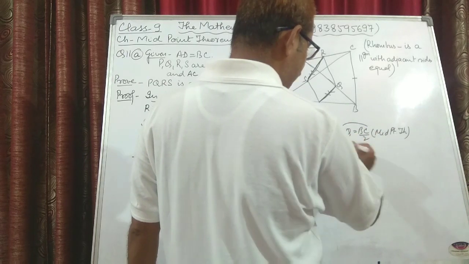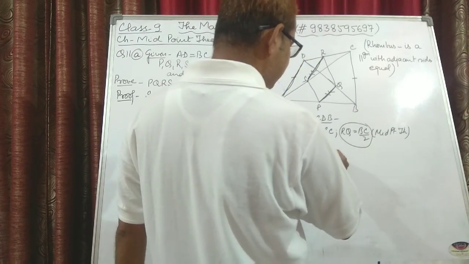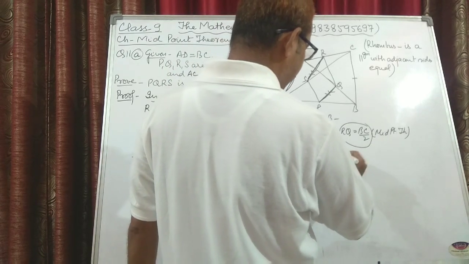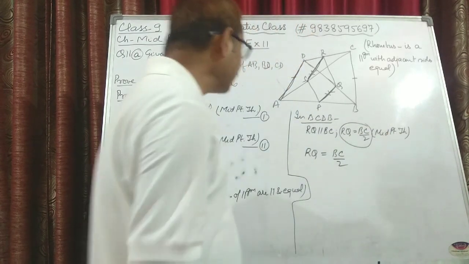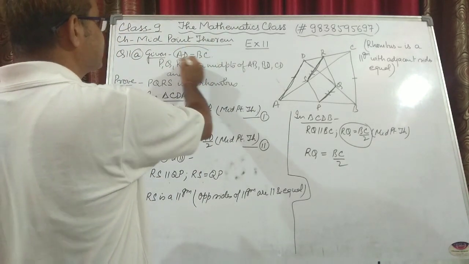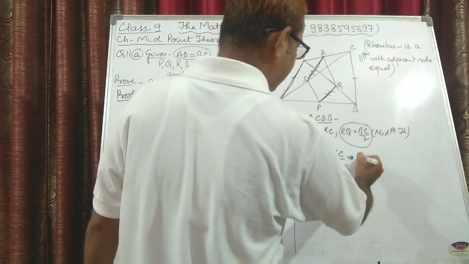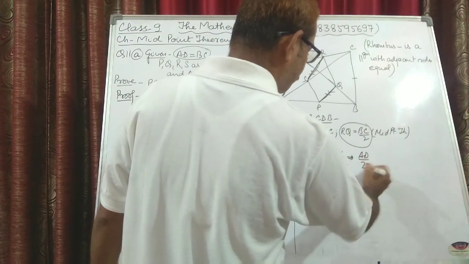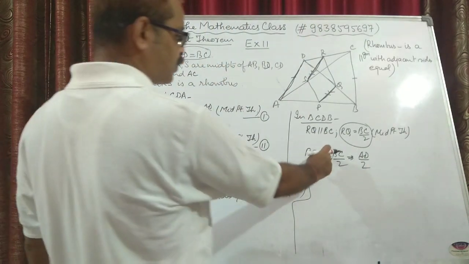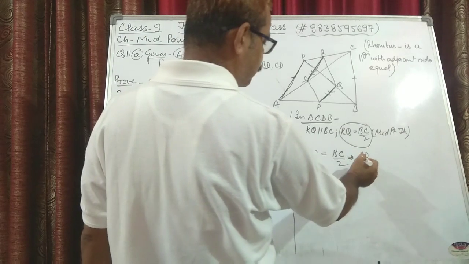What we need is this part. We know that RQ is equal to half of BC, and it has been given that AD and BC are equal. It means in place of BC we can say AD upon 2, because BC and AD are equal, so BC can be substituted by AD.